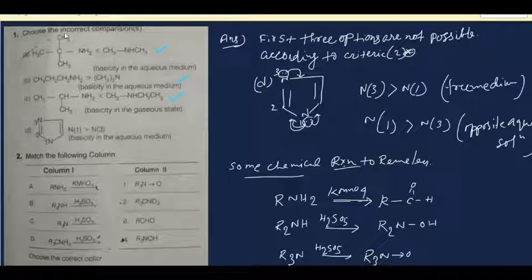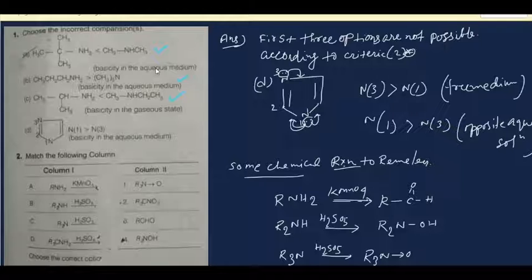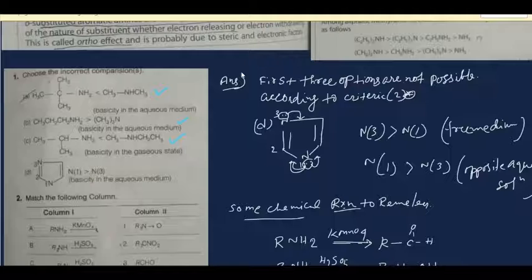Question number 1 says that you have to arrange the given compounds according to the criteria given in the bracket. The first one says basicity in the aqueous medium. As we learned from note 2, in aqueous medium the 2 degree amine is more basic than 3 degree amine. So this is right.